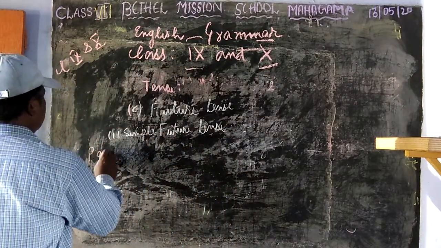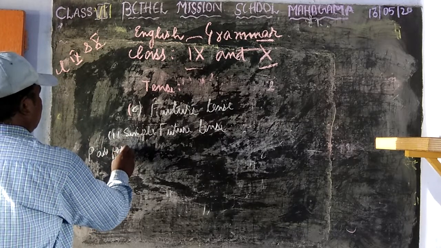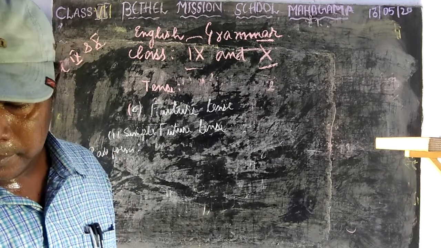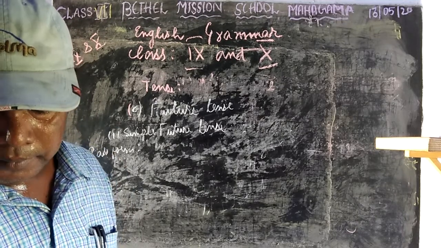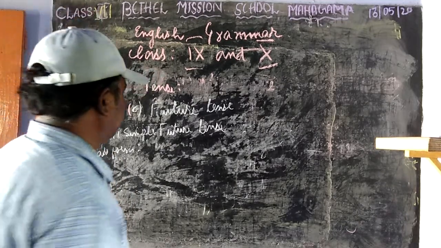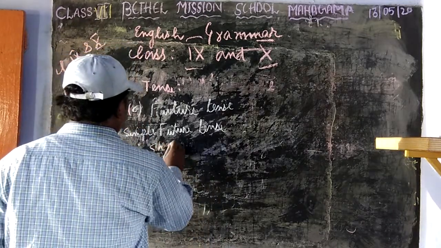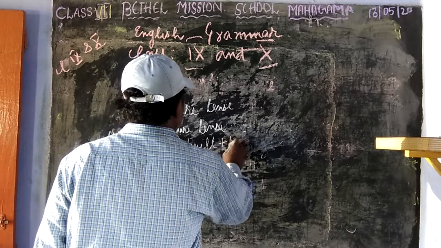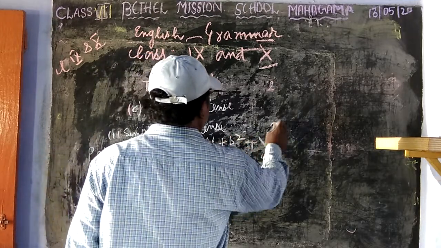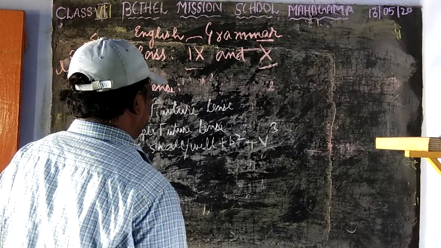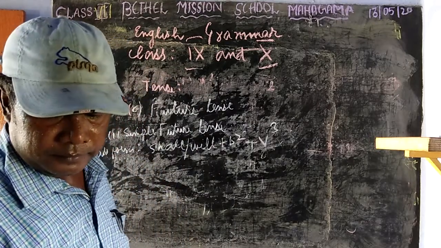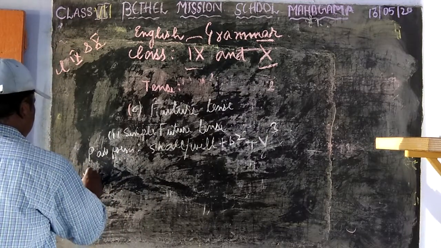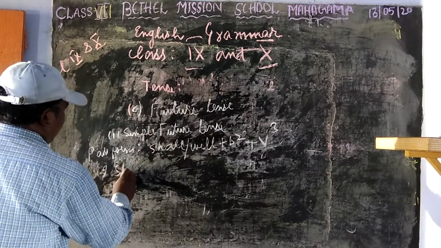Passive form is shall, will plus be plus V3.